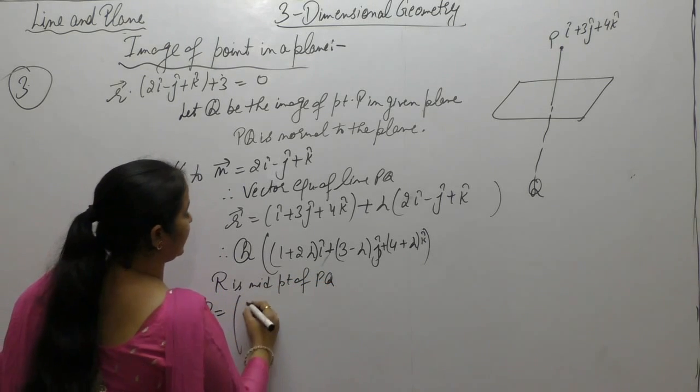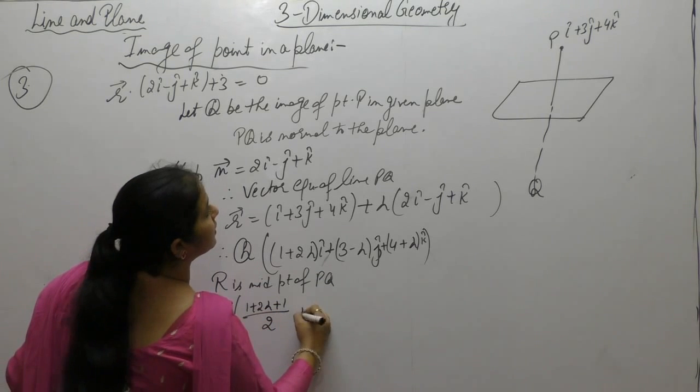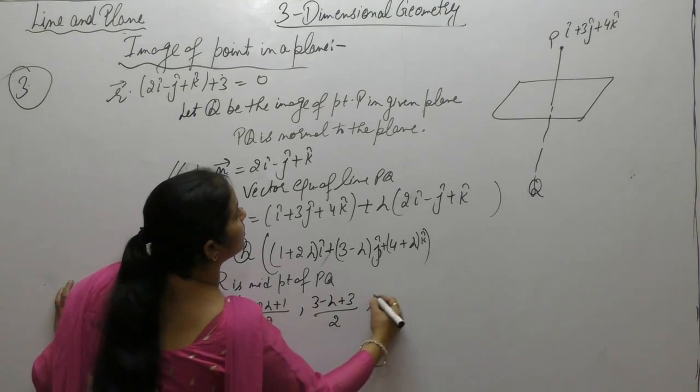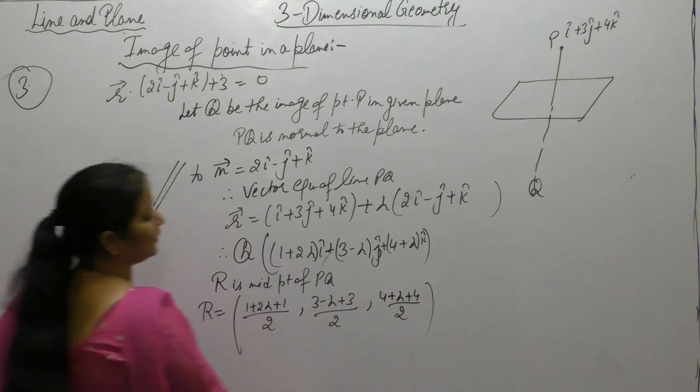Coordinates of R will be (1 plus 2 lambda plus 1) by 2, (3 minus lambda plus 3) by 2, (4 plus lambda plus 4) by 2.